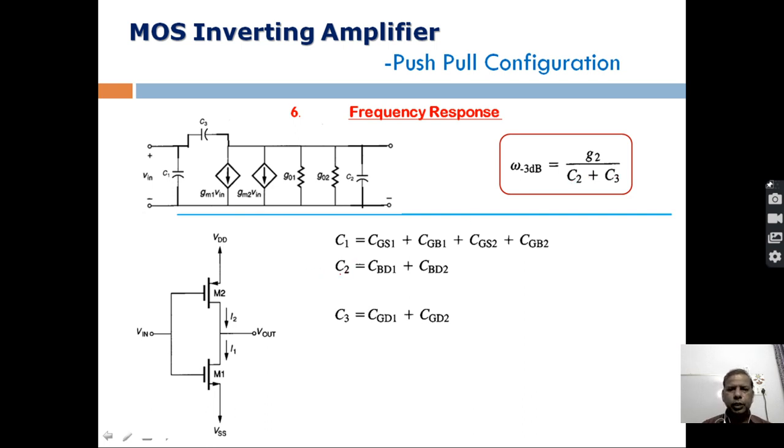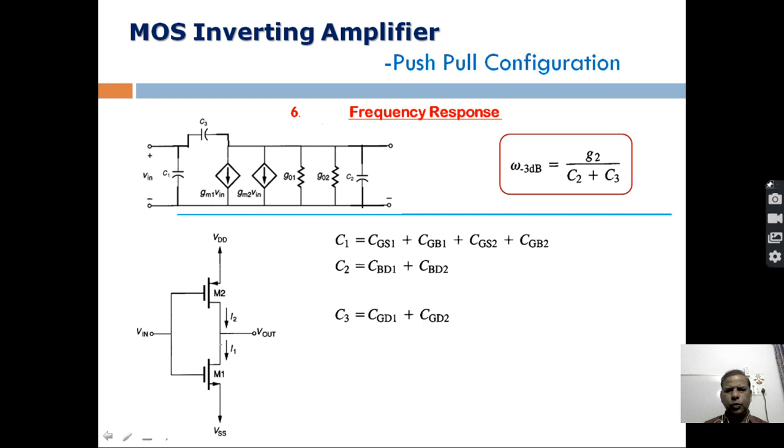So C2, you see, C2 was the capacitive component between output and ground. So we have to see what kind of capacitive components are there between output and ground. So this is the output terminal. So the output terminal is the drain of this and the drain of this. So let's consider this M1 first.